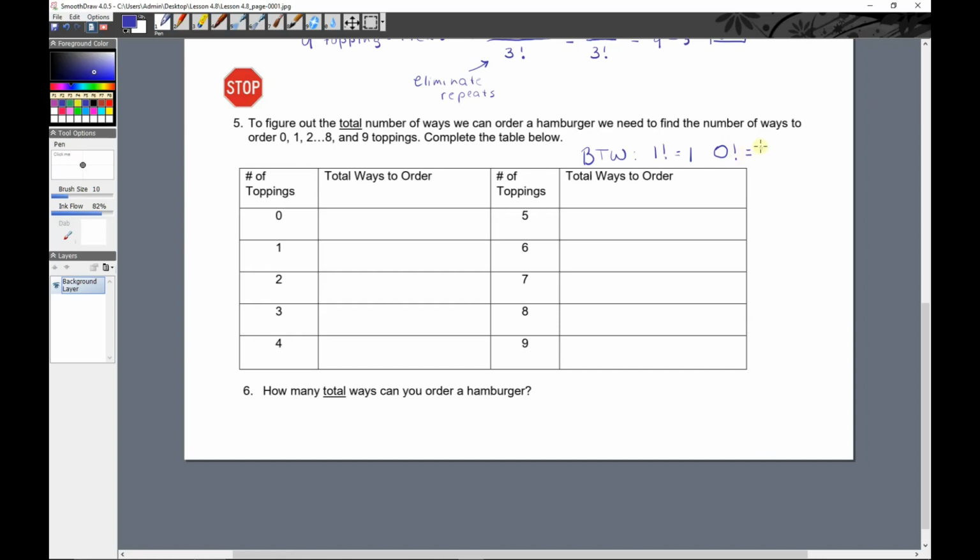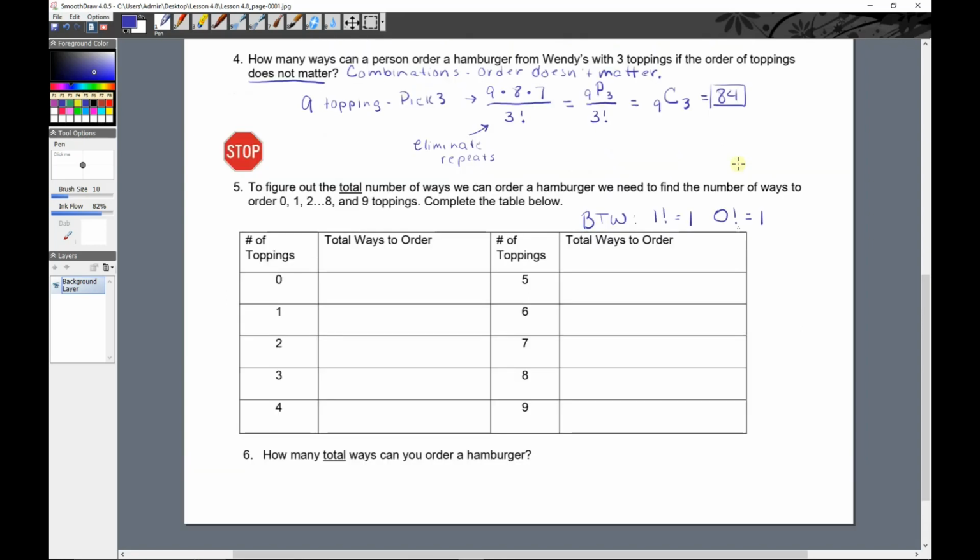This, by definition, is also 1, because using the formula that I just did up here, we could end up with 0 factorial in the denominator. If it's equal to 1, then that's fine. But if it equaled 0, then it would be undefined, and that would throw everything into a tizzy.